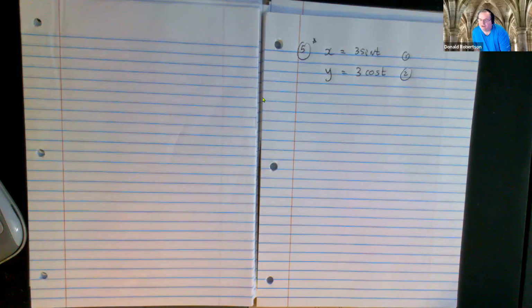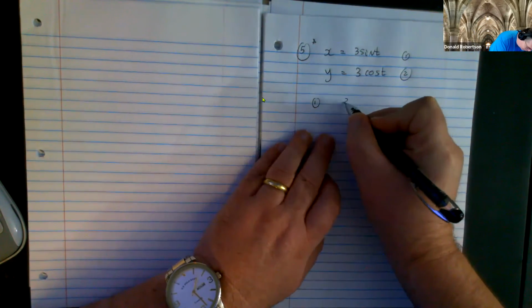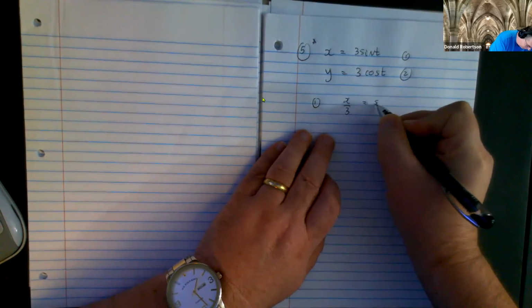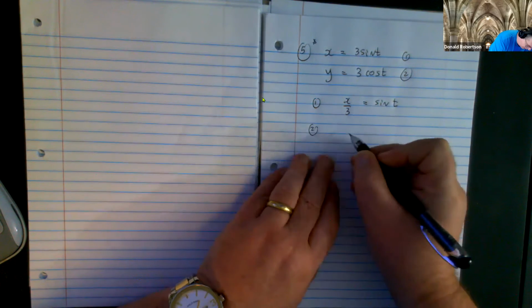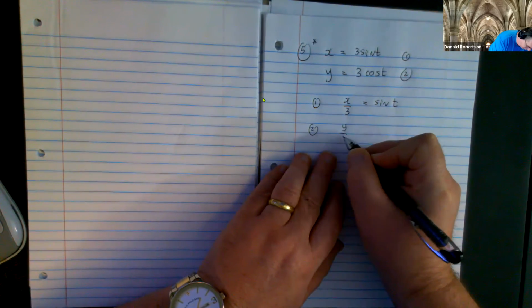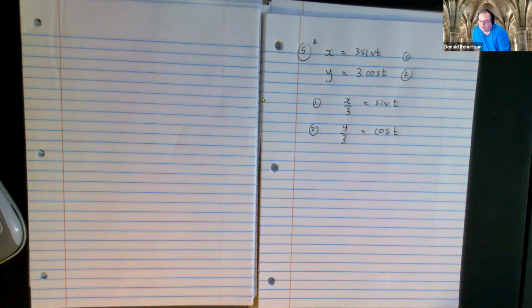So I'm going to take equation 1 and divide both sides by 3. This is not the only way to do it, but this is what I'm showing you. I'm going to take equation 2 and divide both sides by 3 to get that. So far, so good.